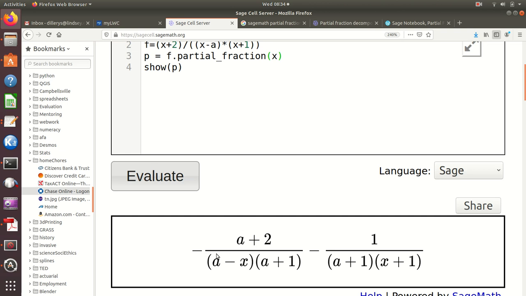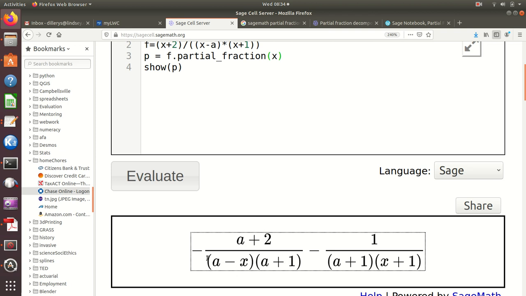Now notice, let's go back, and so it may matter a lot that x is there. Because notice, if a equals 1, here I get 3, and here I get a 2, so that's 3 halves.